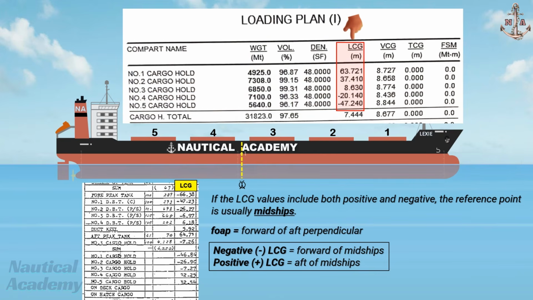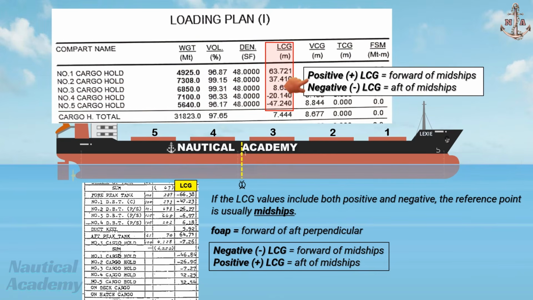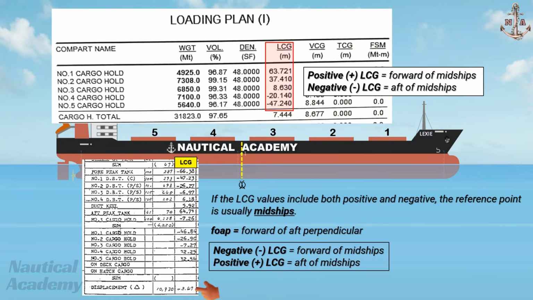Based on these values, we can observe that positive LCGs are located forward of midships, and negative LCGs are located aft of midships. This arrangement is the reciprocal of what we saw earlier. Usually, for a Japanese-made vessel, it is common that negative LCG values indicate positions forward of midships, and positive values indicate aft of midships. I will cover how to manually calculate the ship's final LCG in a separate video.